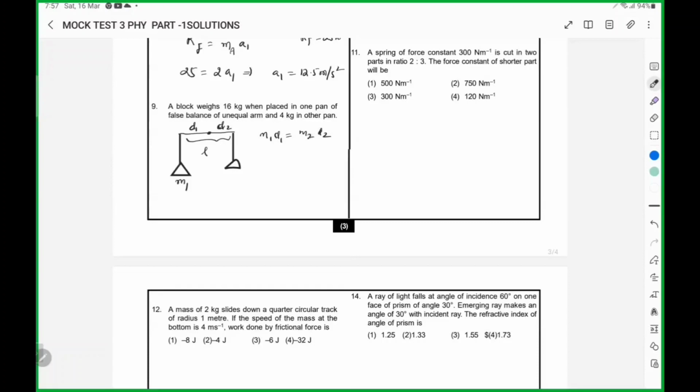So here we don't know what its true weight is. Here it is M into D2. Here he has given 16 D1 when placed in one pan.